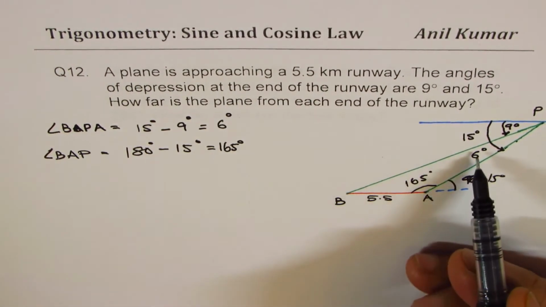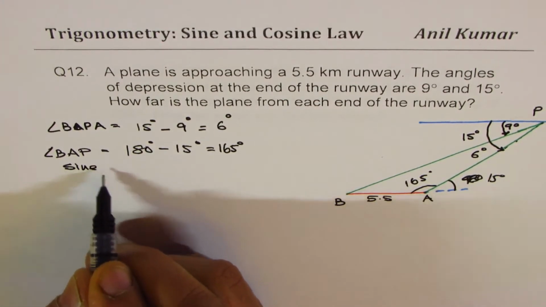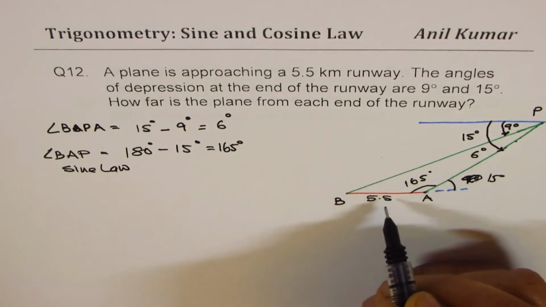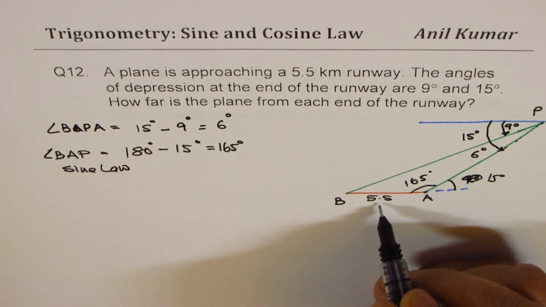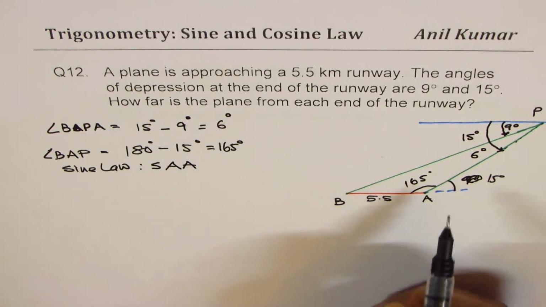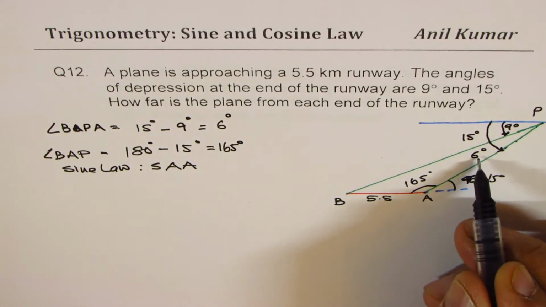Now we have one combination of opposite angle and a side, and therefore we can apply the sine law. We can find both these sides when compared with this angle.